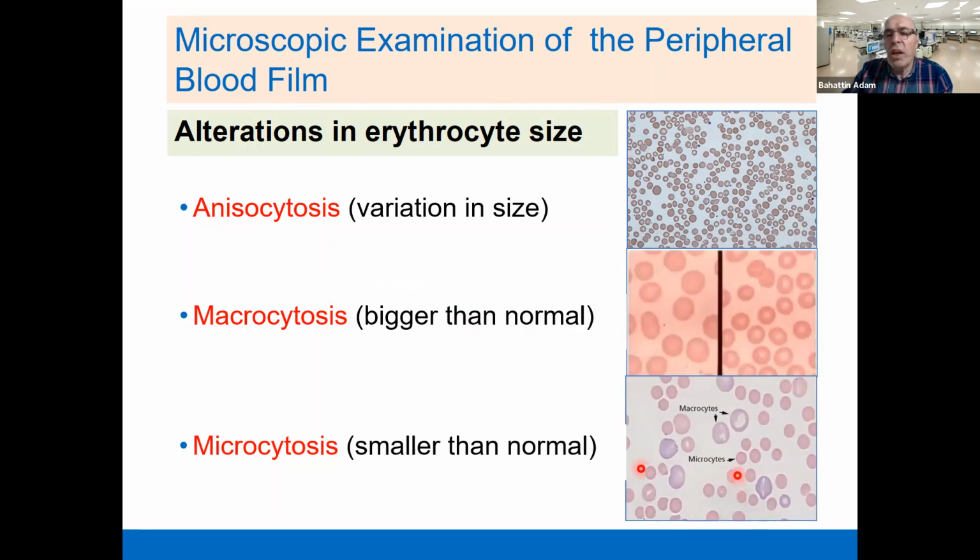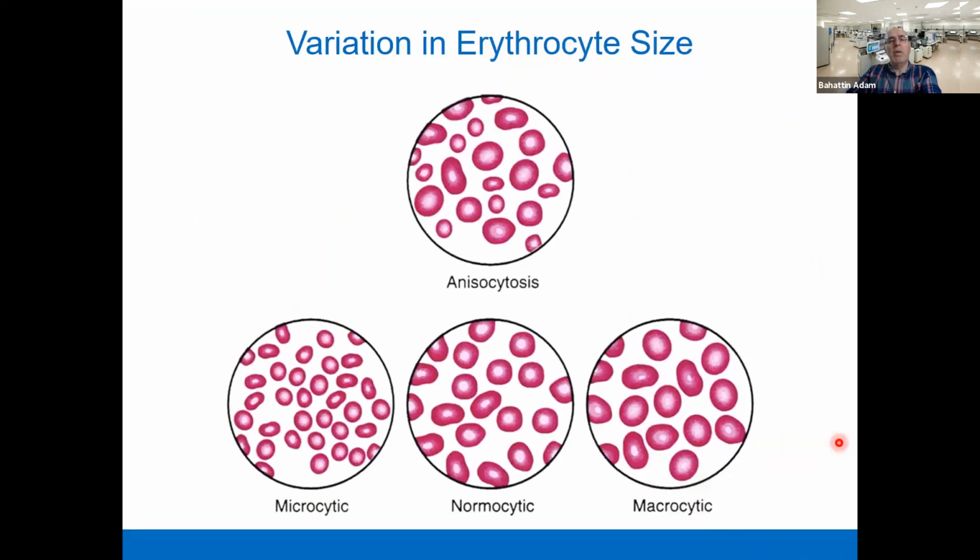Here you see microcytes and macrocytes. Smaller than normal, bigger than normal. If they are smaller than normal, they are called microcytic, or microcytosis. Normocytic is normal, and macrocytic is bigger than normal.